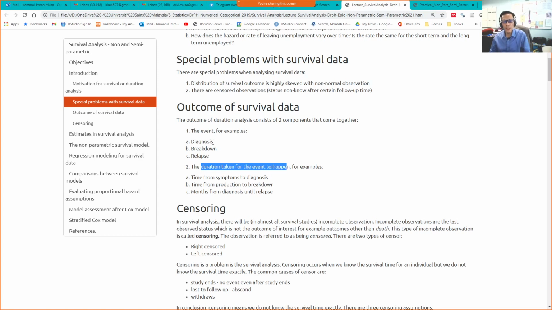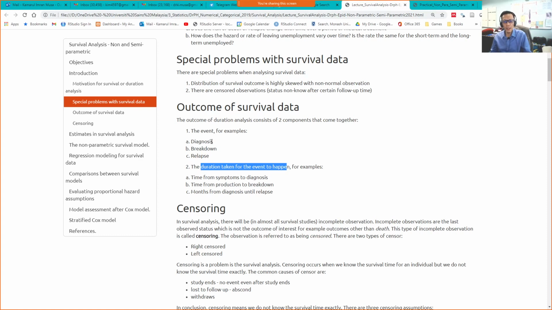For example, the event may be a diagnosis, a breakdown of a machine, or relapse of a psychiatric problem, and the duration is from symptom to diagnosis, from production to breakdown, or months from diagnosis until relapse. So there are 2 components that constitute the outcome of survival data.